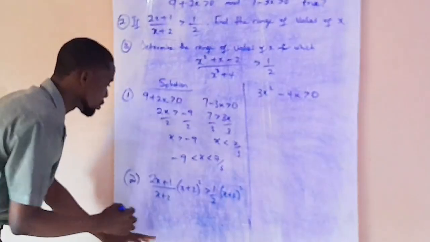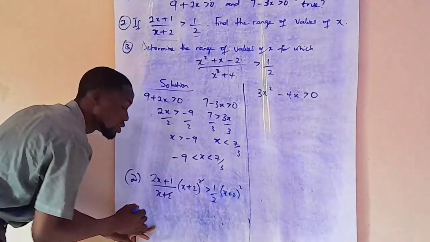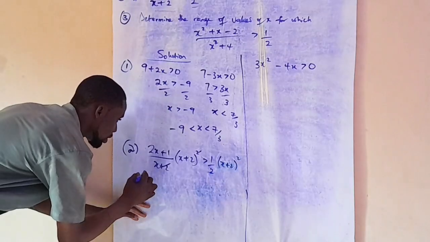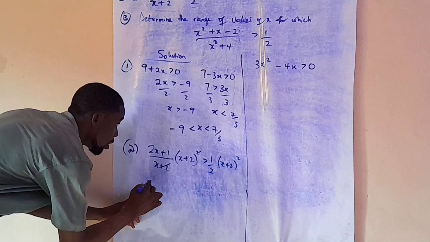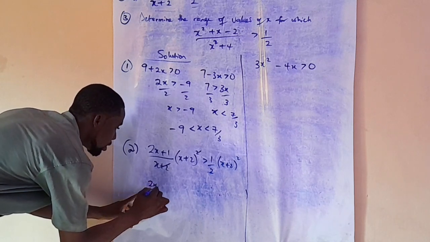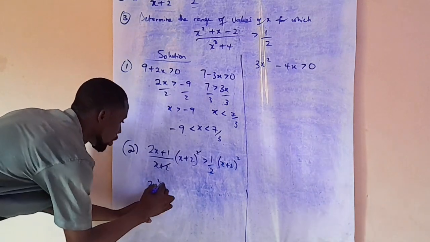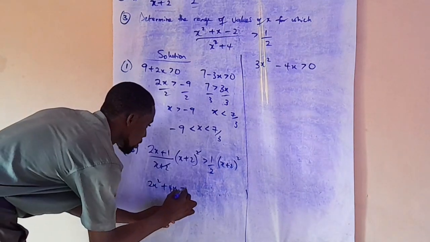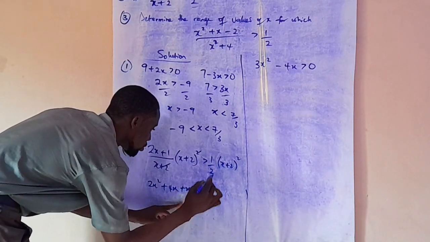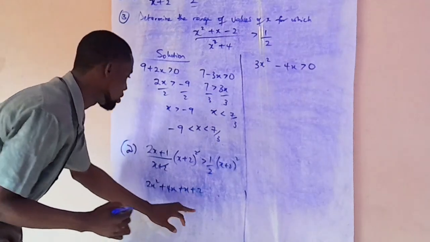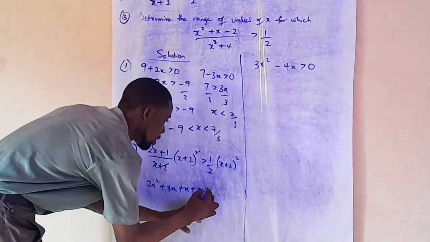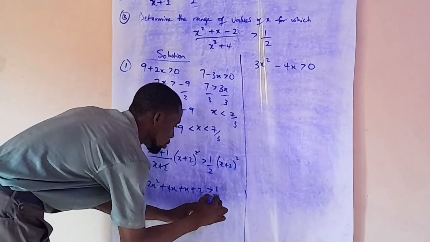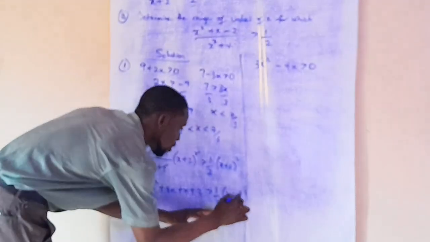Now at this point, this cancels this. So we are left with, expanding, 2x squared plus 4x plus x plus 2, greater than 1 over 2 into x plus 2 all squared.